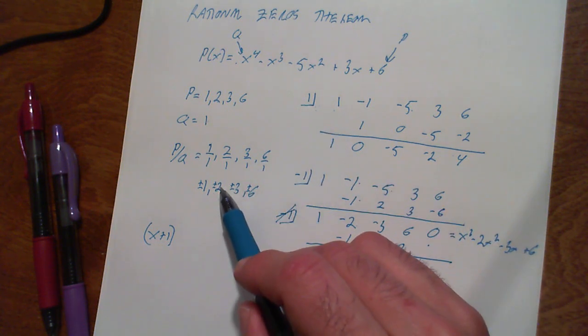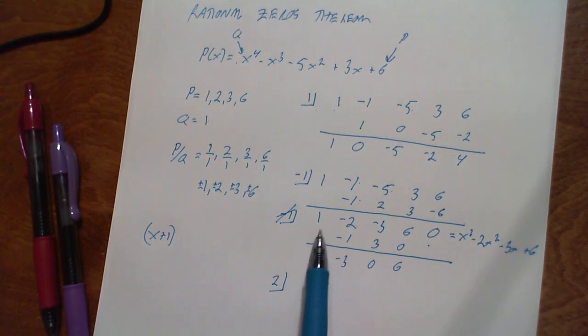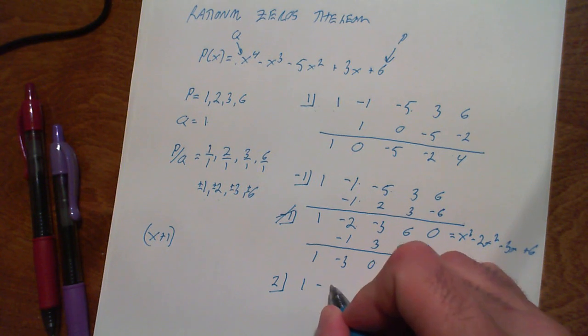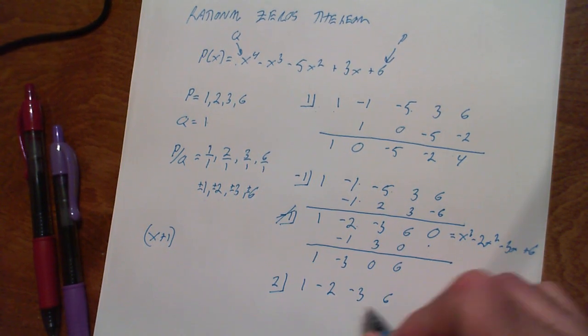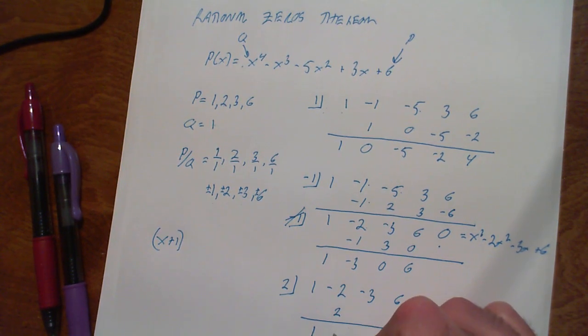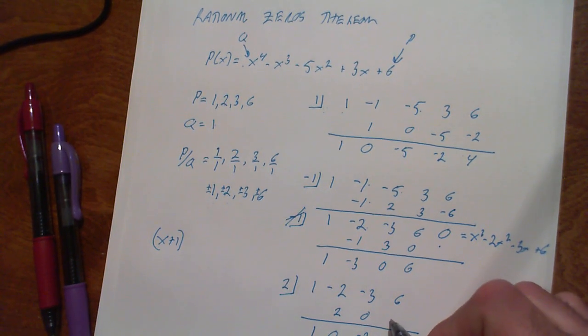What's the next one? Let's do +2. Synthetic division, remember we're still at this right here. 1x cubed, -2x squared, -3x plus 6. Bring it down. 1, 2, 0, 0, -3, and oh no, it didn't.